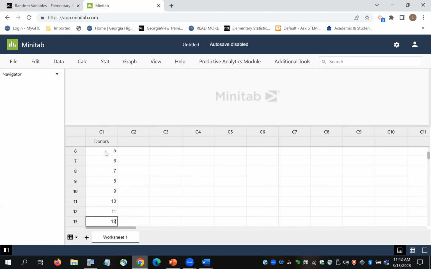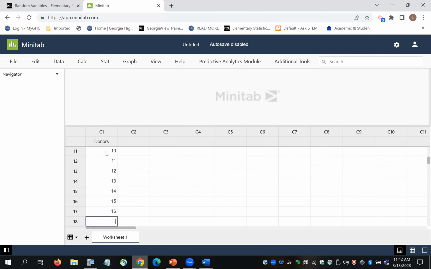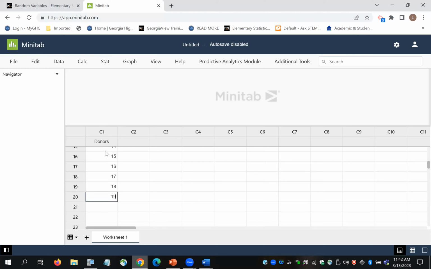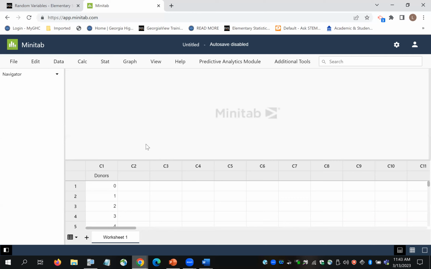Sometimes Minitab's a little glitchy, so I'm having to type slow. Okay, make sure I don't type something crazy. Okay, so we've got our number of donors in from 0 to 20.